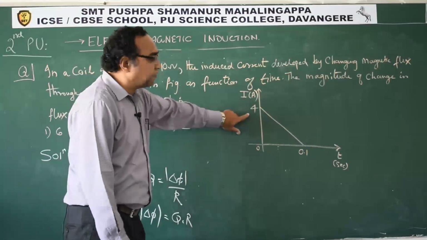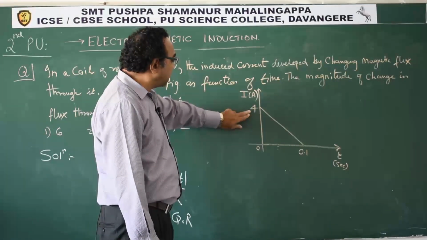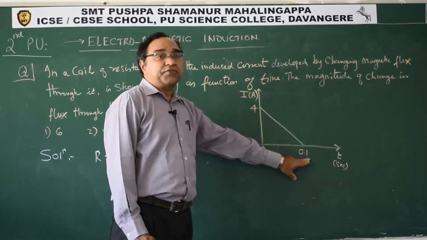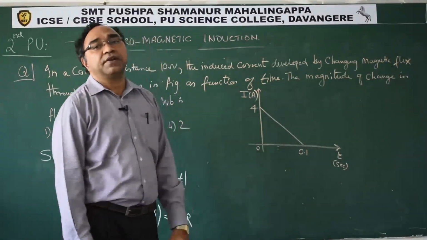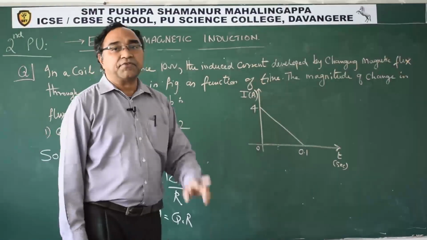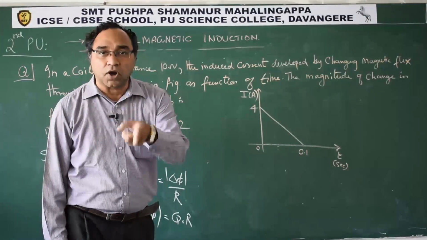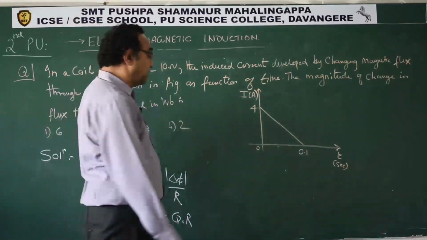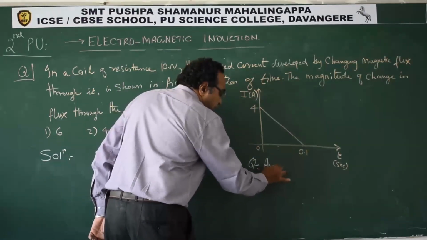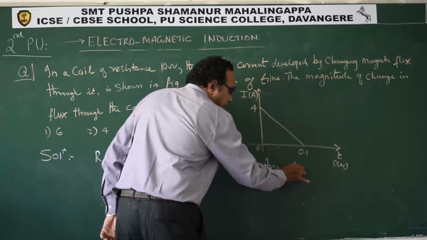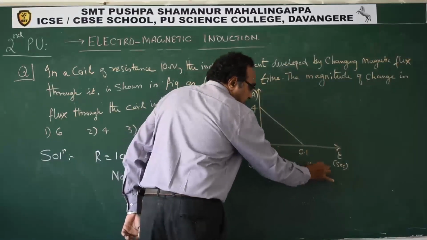Closely observe this graph. It is I on the y-axis and T on the x-axis. If I find the area under the graph, what will we get? Area under the graph is I into T, and I into T is what? Q. That's perfectly right. So Q is nothing but the area under the graph.